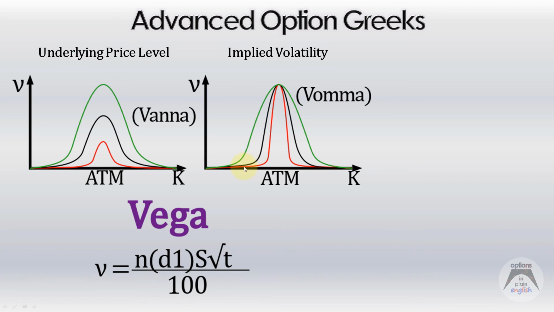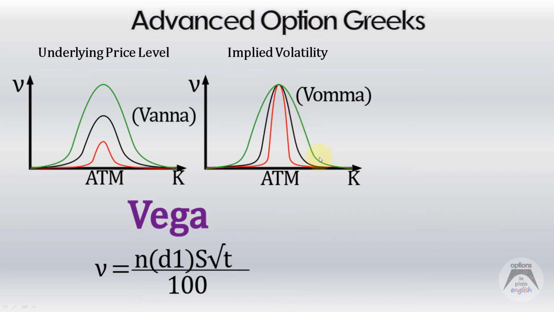Okay? So this is a very special distribution of the values of Vega with respect to implied volatility. At the money, it doesn't change, but out of the money, it moves with the value of implied volatility. More implied volatility, higher Vega.